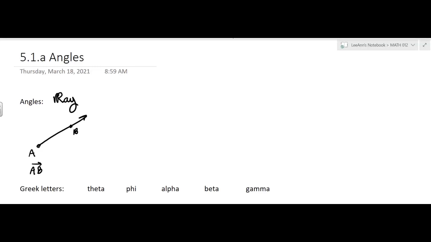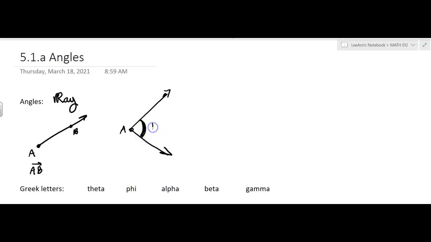So an angle is when you have two rays, so a ray and maybe another ray, and they have the same end point. Okay? So you could call that angle A. The angle is this right here.